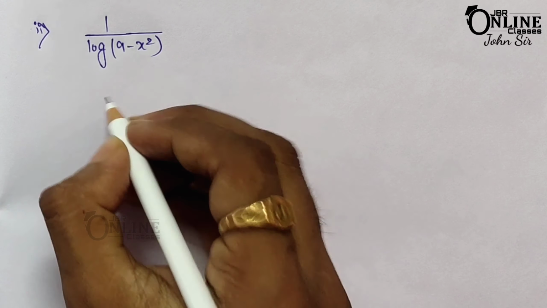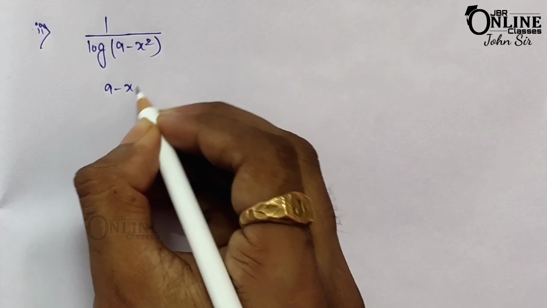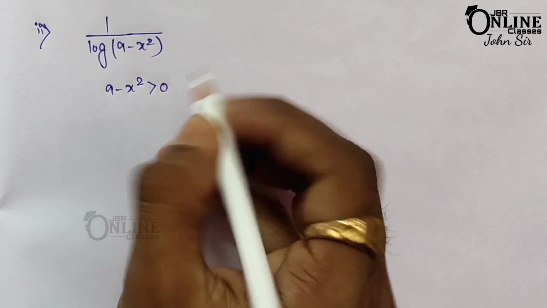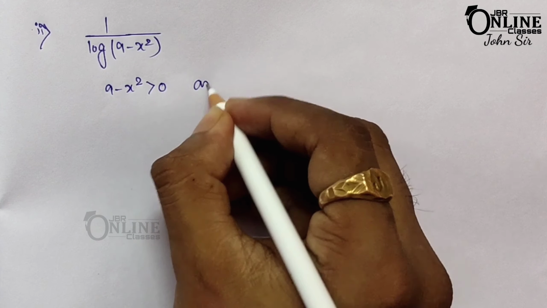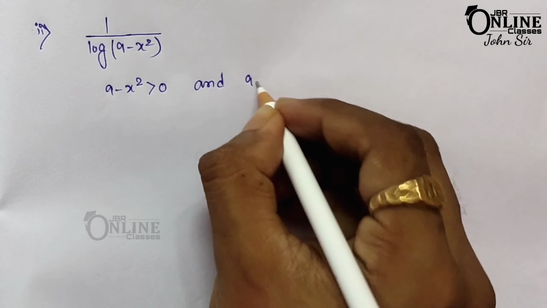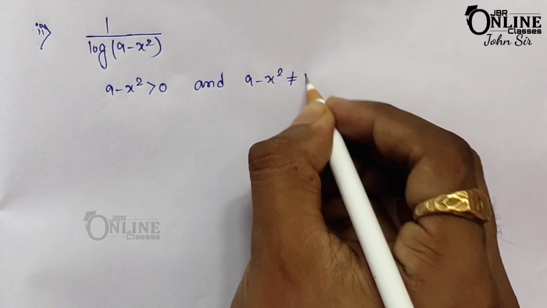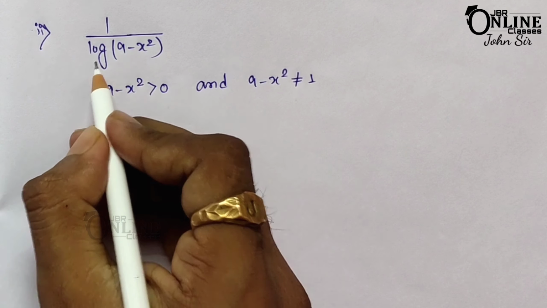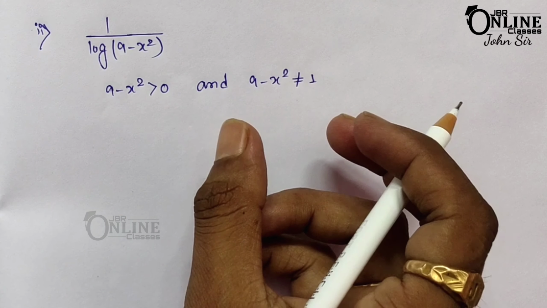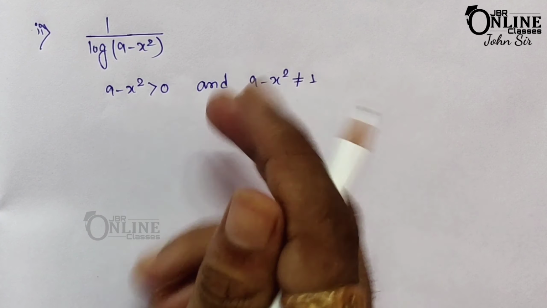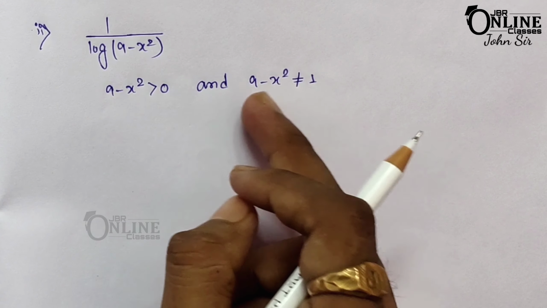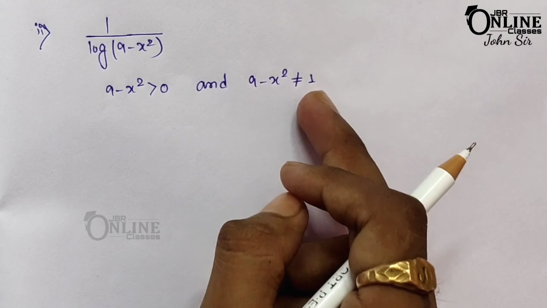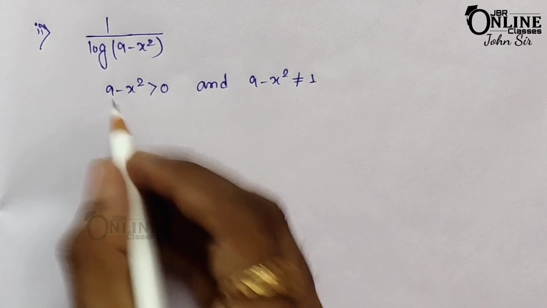If this is a real number, then definitely 9 - x^2 greater than 0, and also 9 - x^2 not equal to 1, because you know log 1 equals 0. As this is a real number, there are two conditions. First, 9 - x^2 greater than 0, and second, 9 - x^2 not equal to 1.